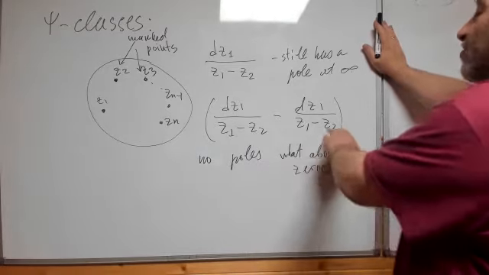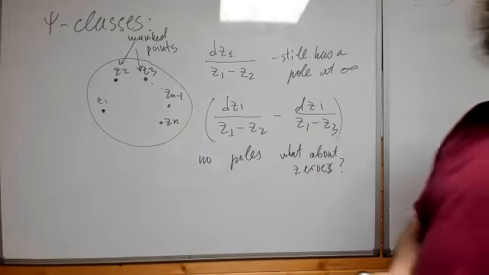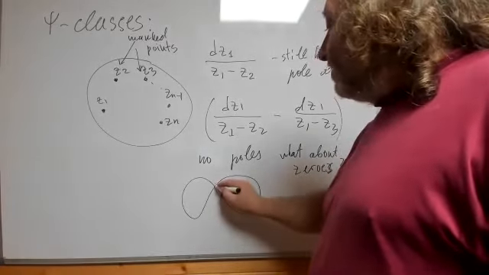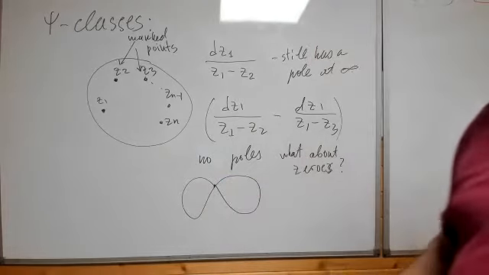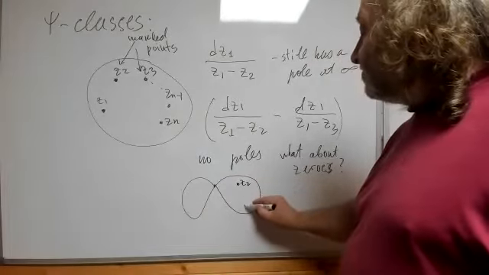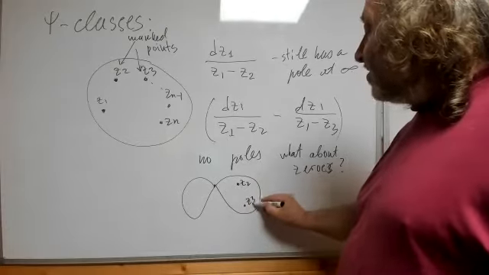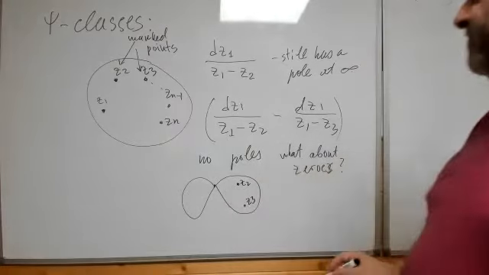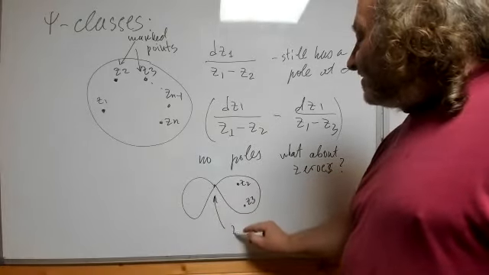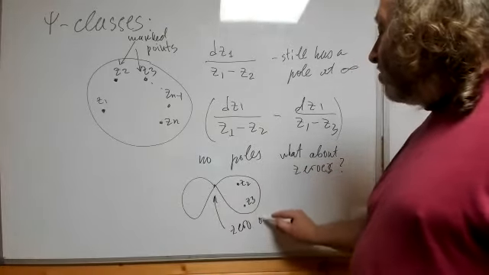Z2 and Z3 coinciding means that they go, in Deligne-Mumford compactification, to another component. So this is a configuration where we have a zero of the section.